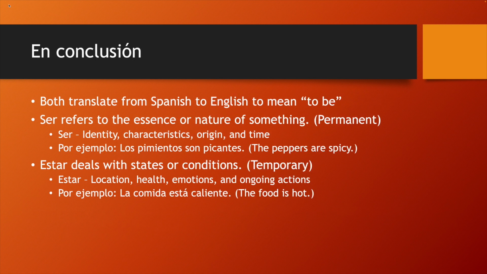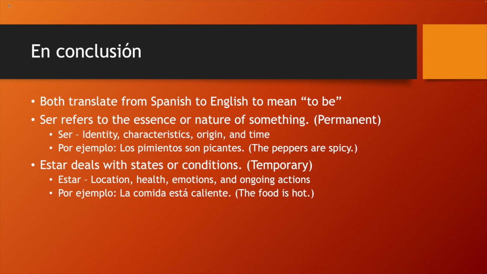In conclusion, both translate from Spanish to English to mean to be. Ser refers to the essence or nature of something. Remember, permanent aspects such as identity, characteristics, origin, and time. An example would be los pimientos son picantes. The peppers are spicy. That's just an inherent characteristic. While estar deals with states or conditions, you can think of them as temporary aspects. So common uses are location, health, emotions, and ongoing actions.